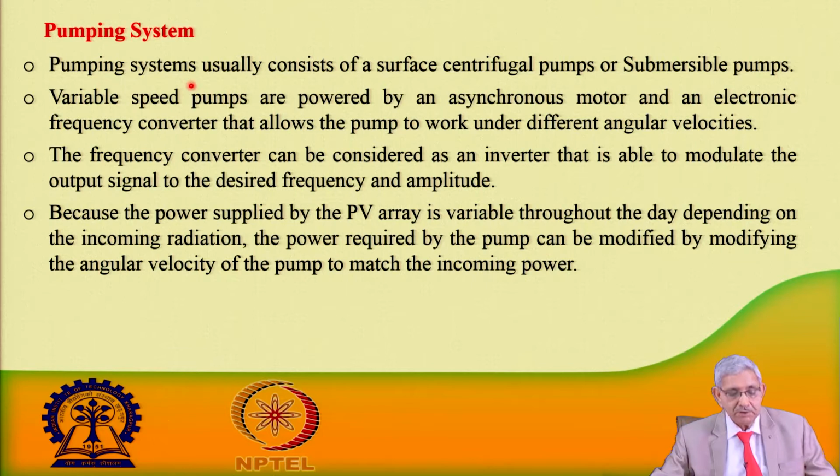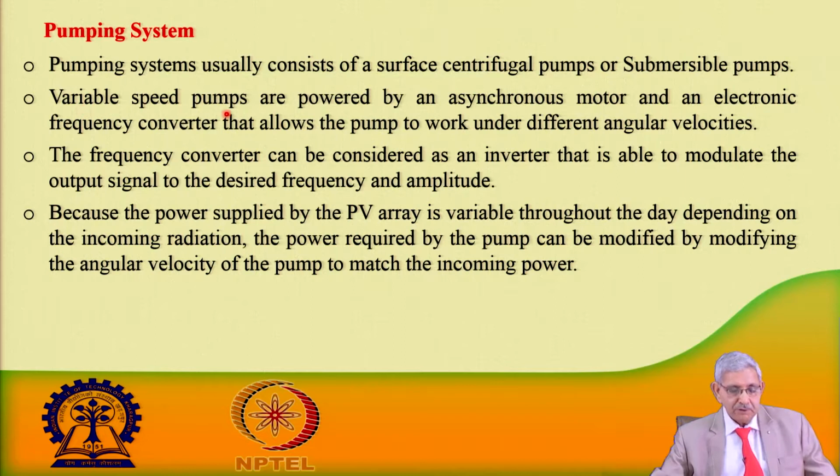The pumping system usually consists of a pump, which could be placed at the surface, a surface centrifugal pump, or a submersible pump placed below the ground level, and the water is withdrawn when there is a deeper depth of water available.